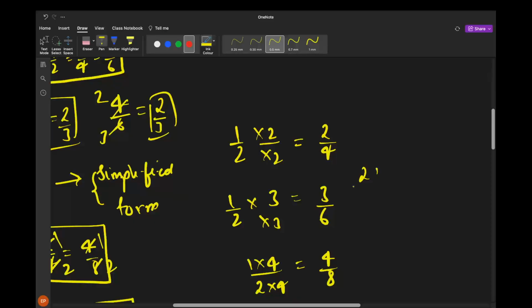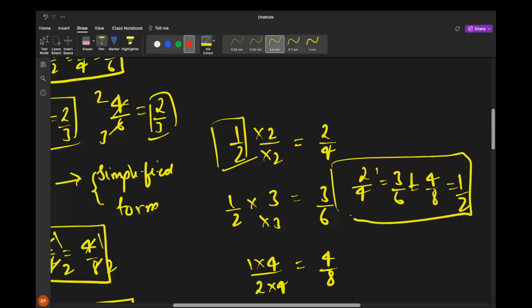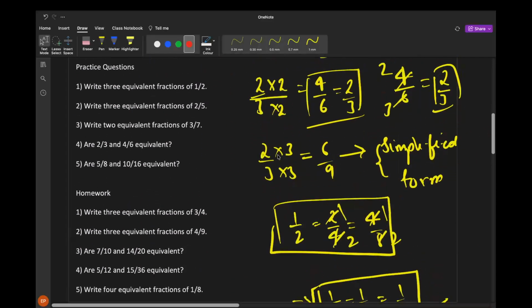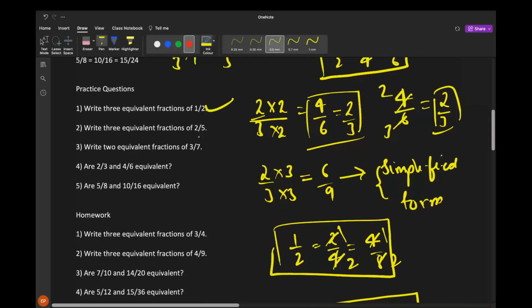So 2 by 4 is equal to 3 by 6, which is equal to 4 by 8, and which is also equal to 1 by 2. So just multiply any number on numerator and denominator, or you can divide also. And we are done with this.